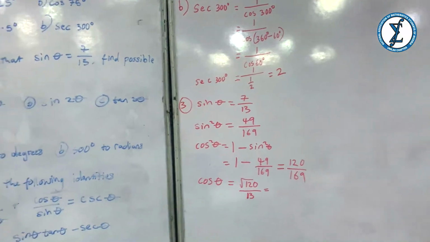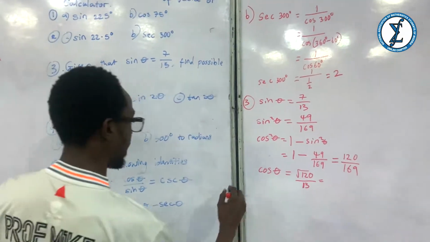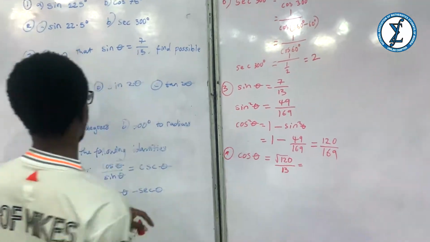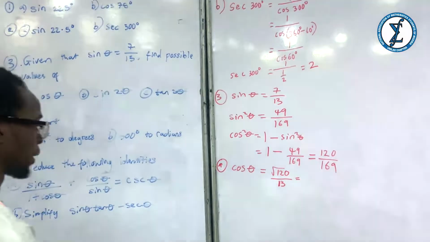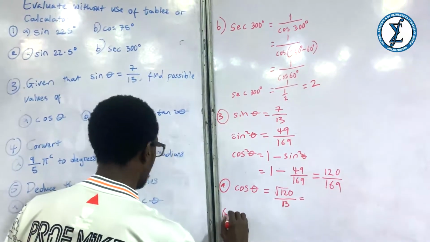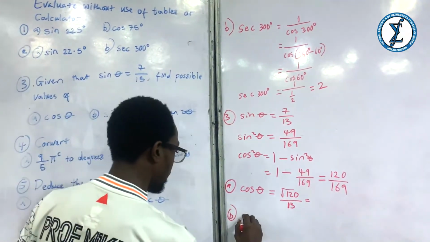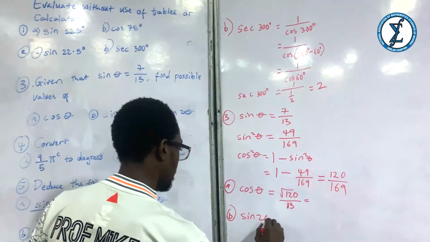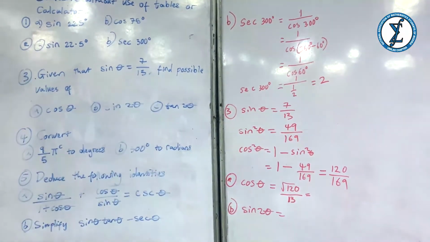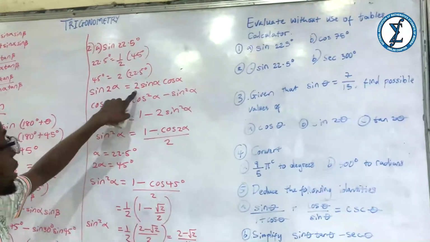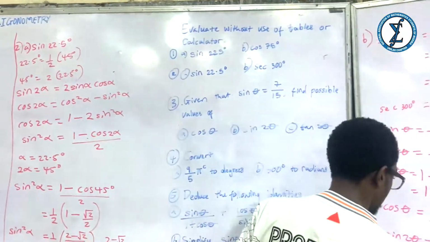So we can work faster. We already have A. A is cos theta. Then for B we are to obtain sine 2 theta. And I've also mentioned here that sine 2 theta is 2 sine theta cos theta.